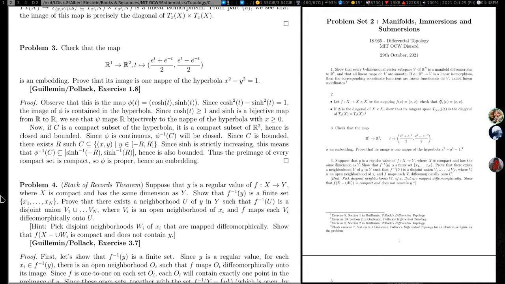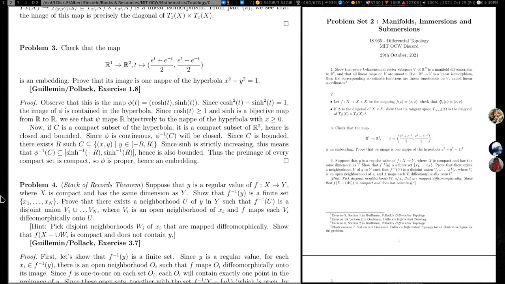Since cosh is bigger than or equal to 1, we only have the parts where x is bigger than or equal to 1, so the image is in the right half of the hyperbola. But we also know that sinh, the y-coordinate, is bijective. It's one to one and onto. So we're going to get all of the right half of the hyperbola. That takes care of showing that the image is the right half of the hyperbola, and that the mapping is one to one.